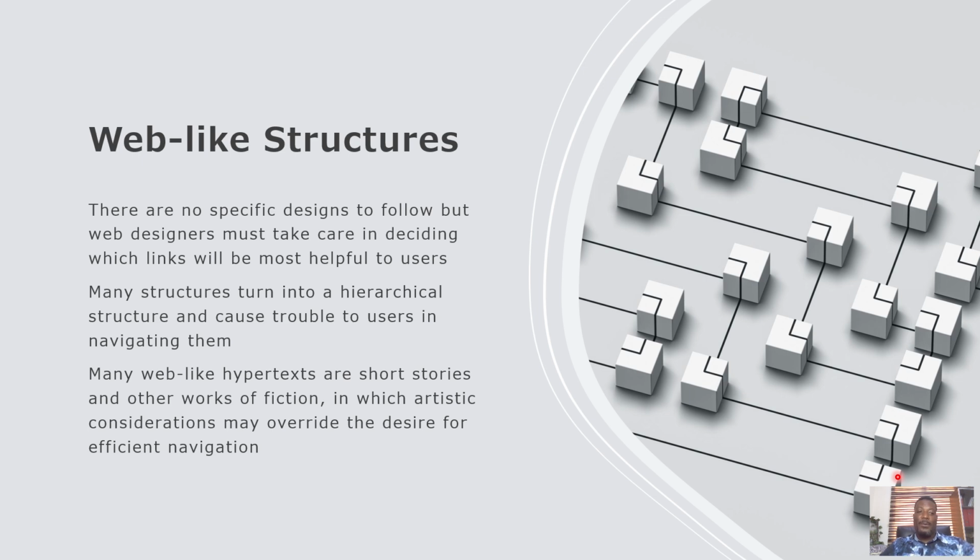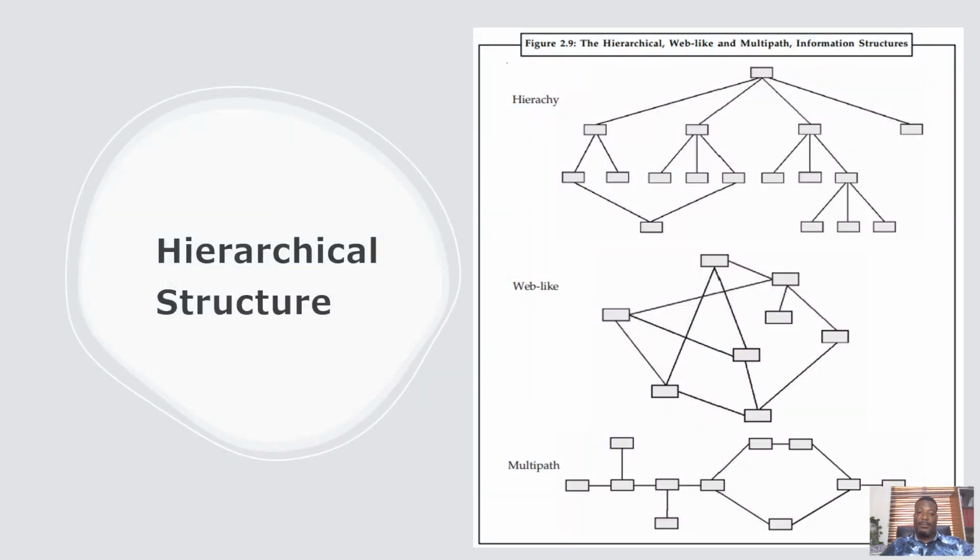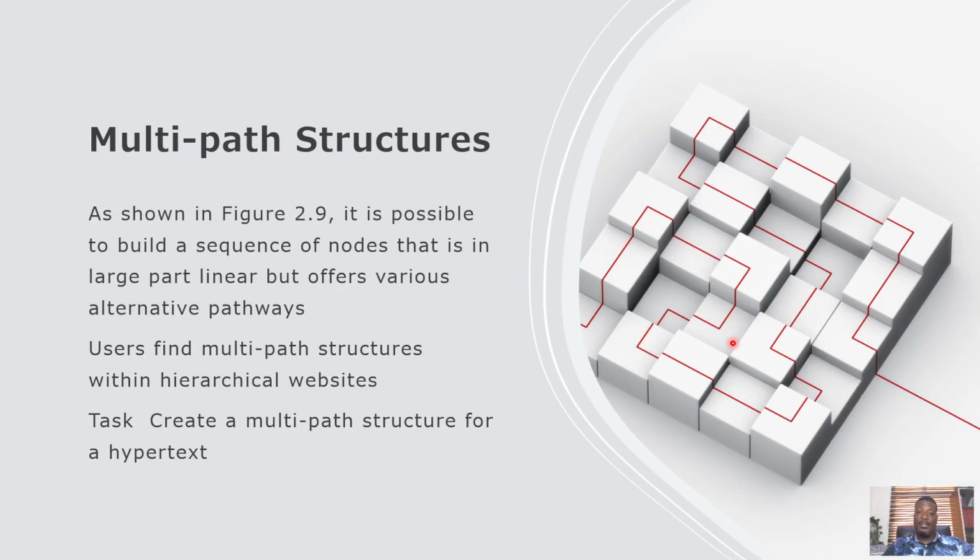Again, many of the web-like hypertexts are short stories and other works of fiction in which the artistic consideration may override the desire for efficiency of the navigation itself. So this is how the web structure looks. There are times it could look hierarchical, but that is how the web structure really looks.